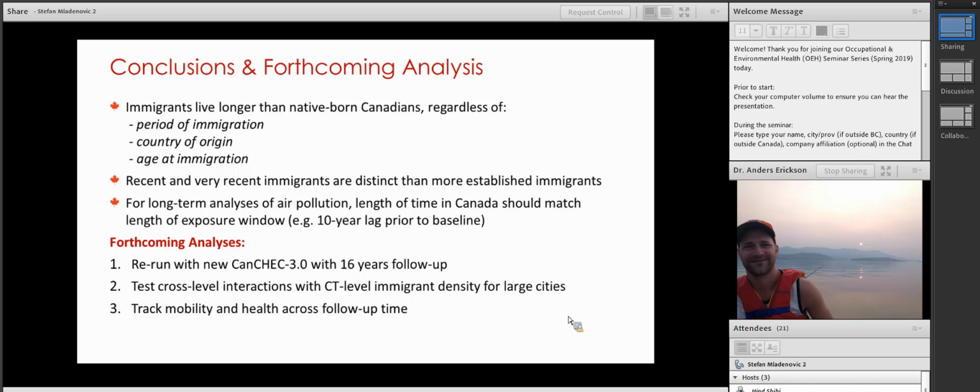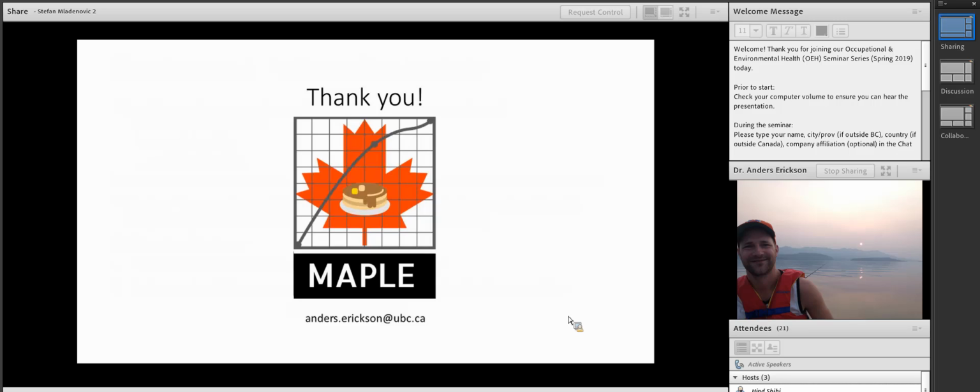Can we look at immigrants and how they've moved from cities to maybe smaller cities as their pollution profile has changed, and does that impact their health, or is it the context of where they're living that changes with their health outcomes, specifically mortality? With that, there's some references at the end, but thank you.